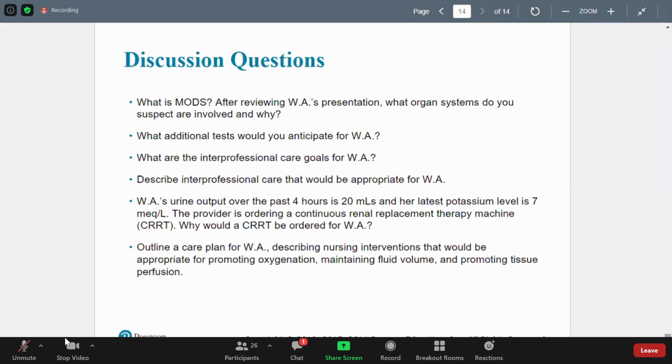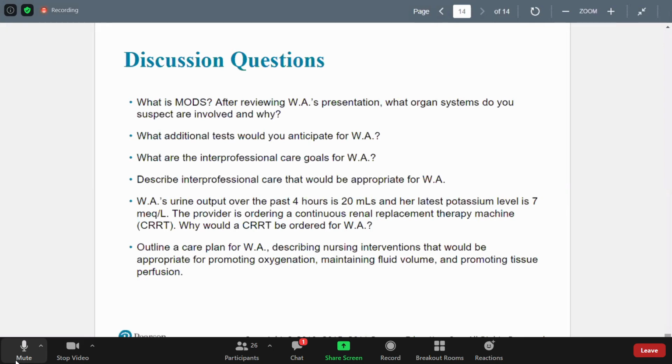And after reviewing WA's presentation, what organ systems do you suspect are involved and why? We said renal system because it talked about all of her electrolyte levels as well as her urine. And then we talked about her respiratory system because she had crackles and she was requiring oxygen and was still satting low.